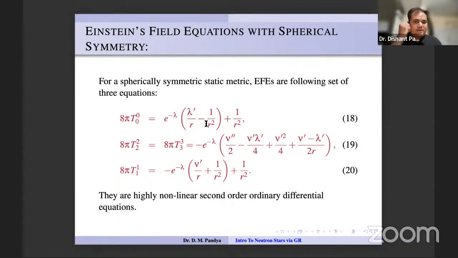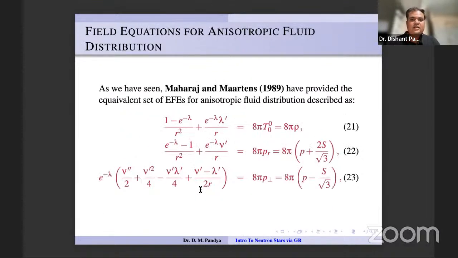Basically we have all these functions mu and lambda, and e to the power minus lambda, e to the power nu as well. Based upon those functions, you can solve these triplet equations 18, 19 and 20, and they are highly non-linear second order ordinary differential equations. So we need to carry out very lengthy computation here in order to solve these equations.